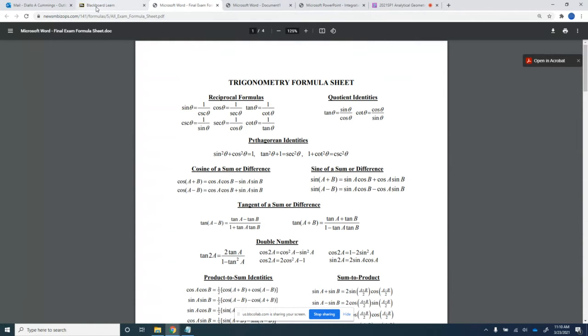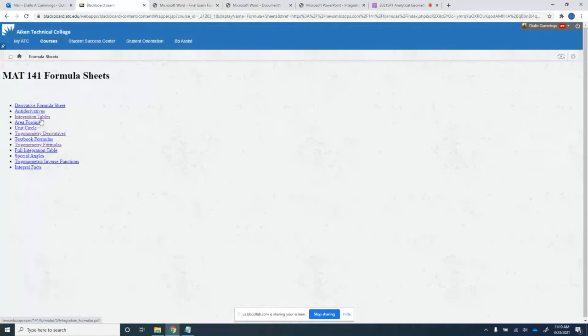So once again, the three documents you're going to need are the integration tables formula sheet, the trig derivative formula sheet, and also the trigonometry formula sheet.